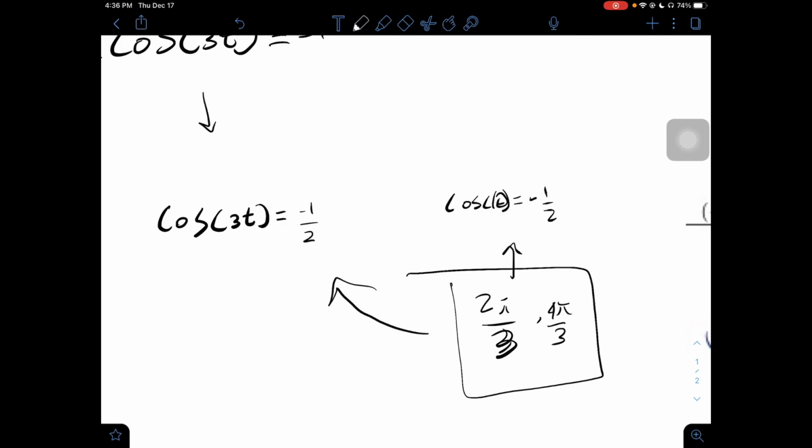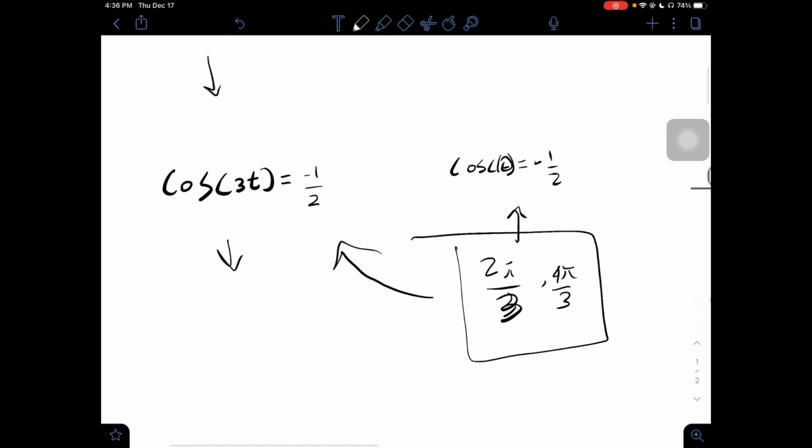Now, we can think about it like this. We can think about it as 3t equals 2 pi over 3, and we can also think of it as 3t equals 4 pi over 3.